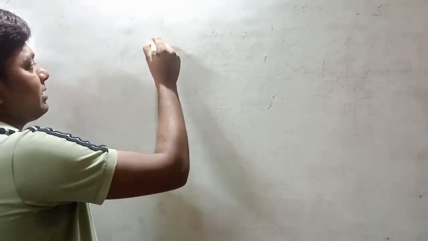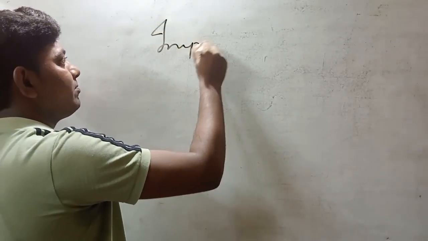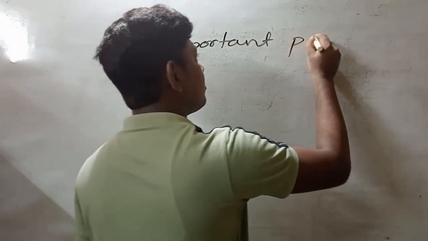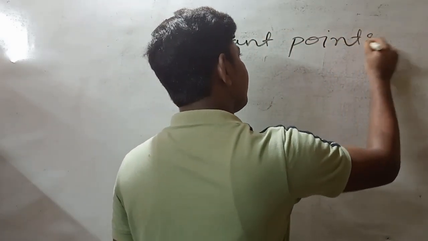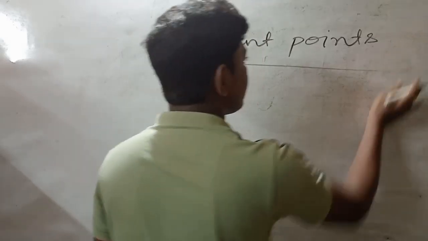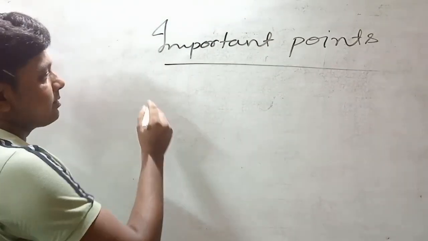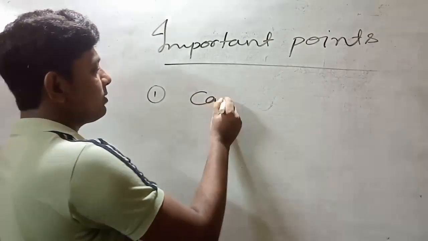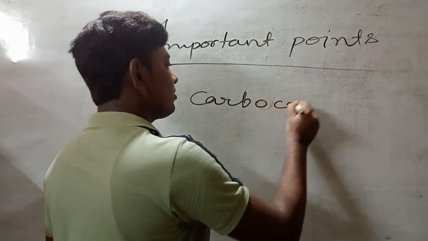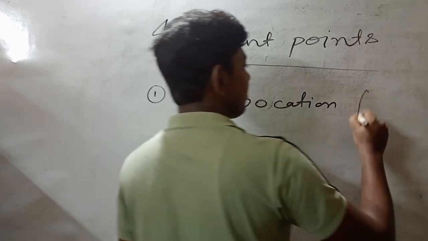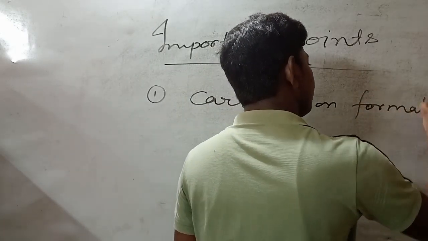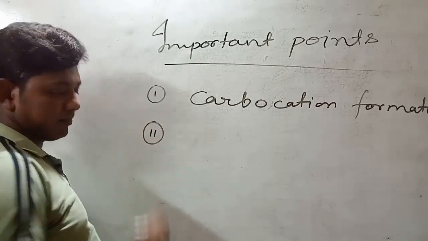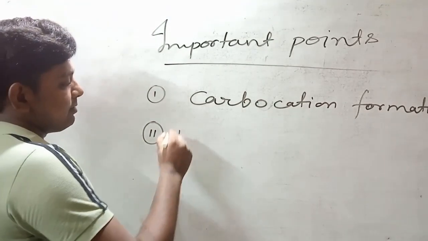So, the important points here, we note down. Step 1, carbocation formation. Second point, rearrangement is possible.